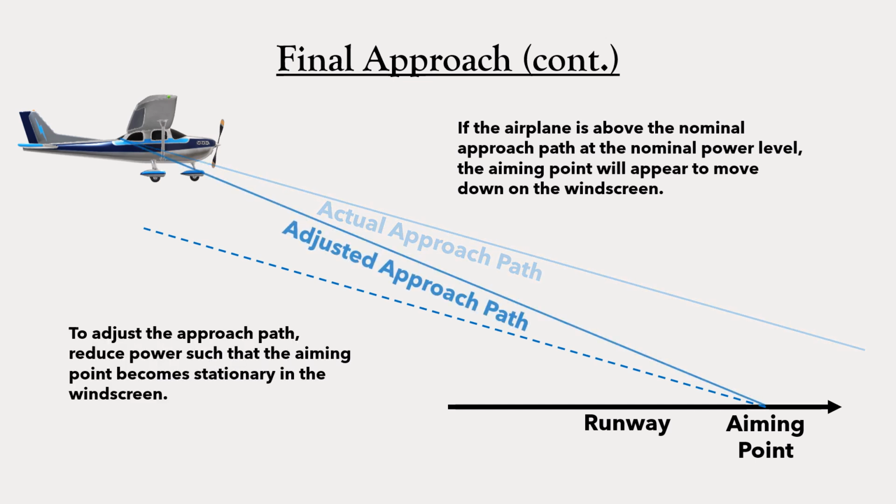To correct for that, you need to reduce the power setting enough so that the aiming point becomes stationary in the windscreen. When you do that, you will be descending at a steeper than nominal angle, but you'll be descending towards your aiming point again.